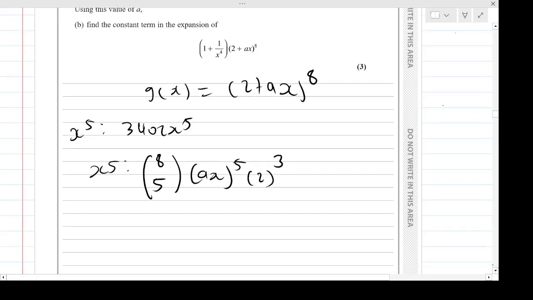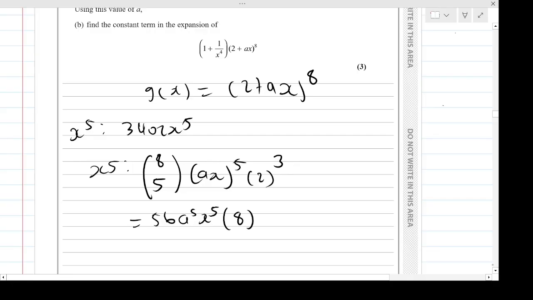So that is simply my x^5 term. If we work that out, 8 choose 5 is 56. Then (ax)^5 is a^5 x^5. Then 2 cubed is 8.